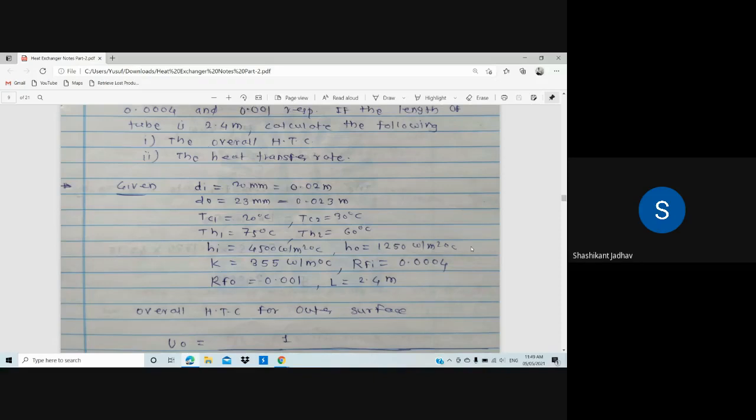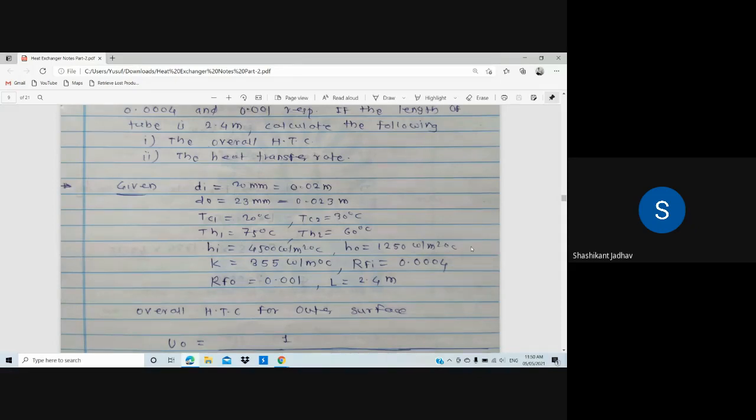Okay. Then while oil flows through the shell, water enters at 20 degrees Celsius and comes out at 30 degrees Celsius. So TC1, cold fluid चं इनलेटचं टेम्परेचर TC1 20 डिग्री सेल्सिअस आणि आउटलेट टेम्परेचर TC2 is equal to 30 डिग्री सेल्सिअस. So write down TC1 is equal to 20 degree Celsius and TC2 is equal to 30 degree Celsius.